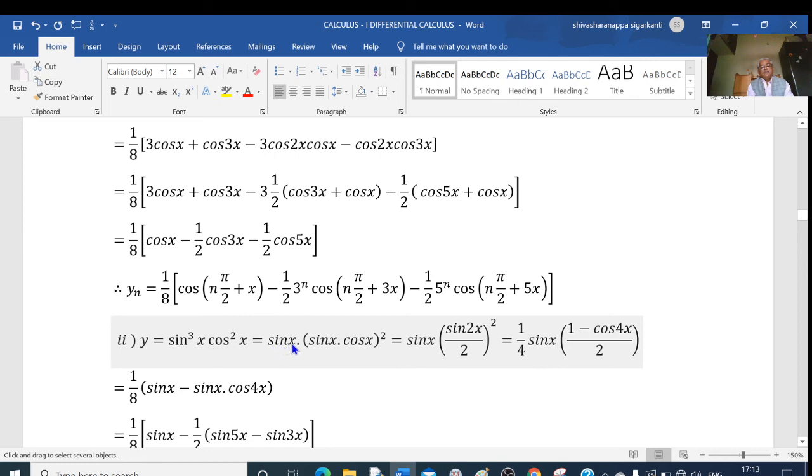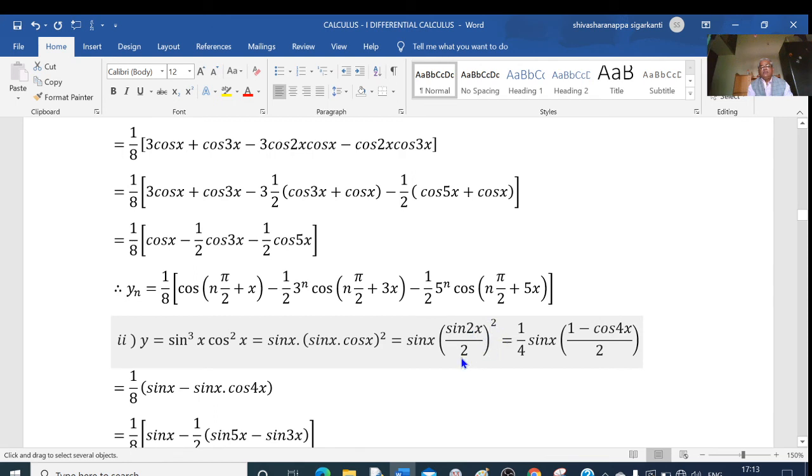That is sin x into sin x cos x whole square. This is equal to sin x into, here I will multiply by 2 and divide by 2. If I multiply this by 2, I am getting 2 sin x cos x. 2 sin x cos x is sin 2x, divided by 2 as it is, whole square.